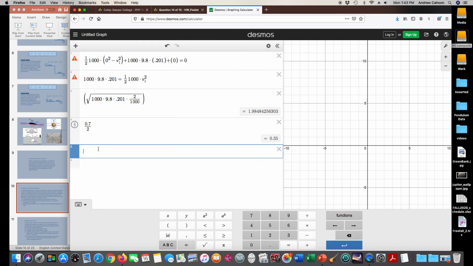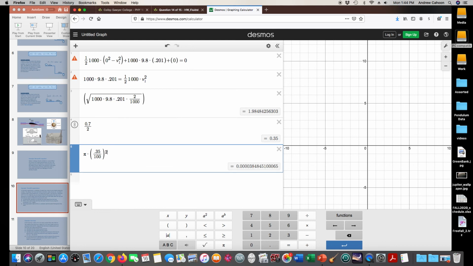Okay, so the area, let's put the area into square meters. So we want pi times the radius, and now this is 0.35 centimeters, so let's make it meters, divide by 100, squared.